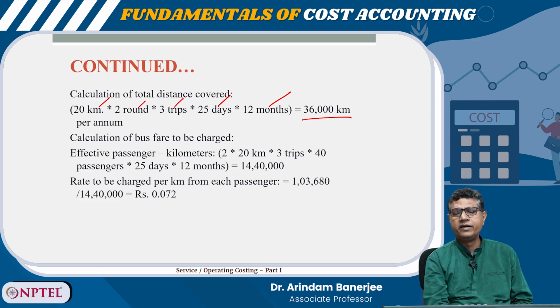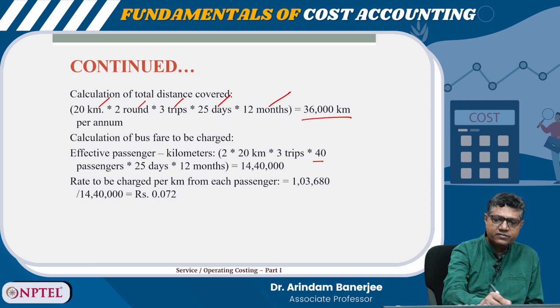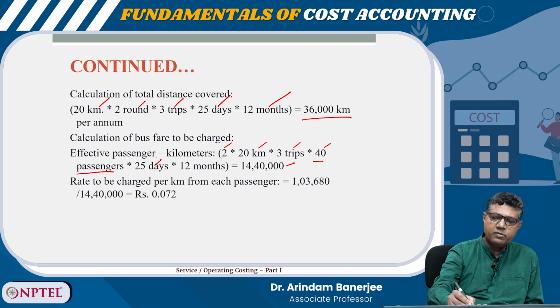So, bus fare, if I assume there are 40 passengers, which is given, the effective passenger kilometer is 14 lakh 40,000. How is it coming? Again, 2 round trips into 20 kilometers into 3 trips into 40 passengers for 25 days per month and for 12 months.